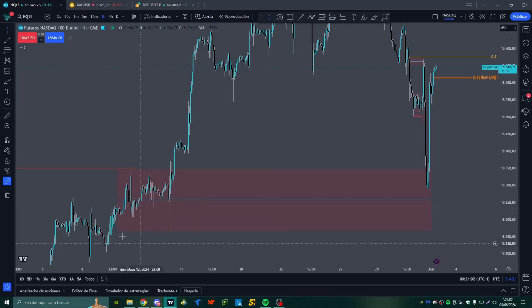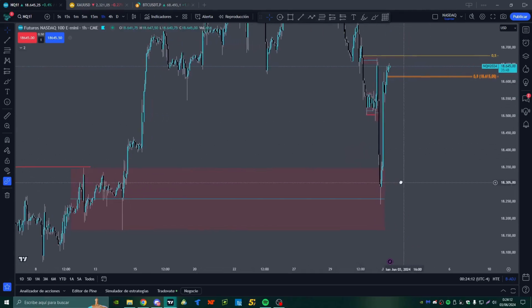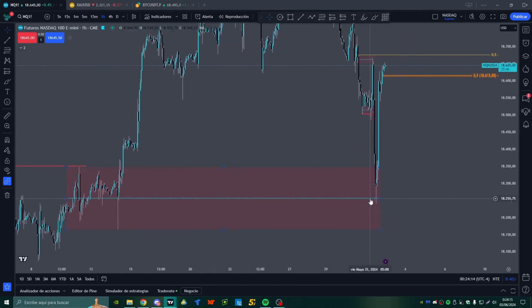Let's just call them supply and demand areas where we know there are orders. Hence, if there are orders, there will be price sensitivity for it to reach that point, and we get a reaction.